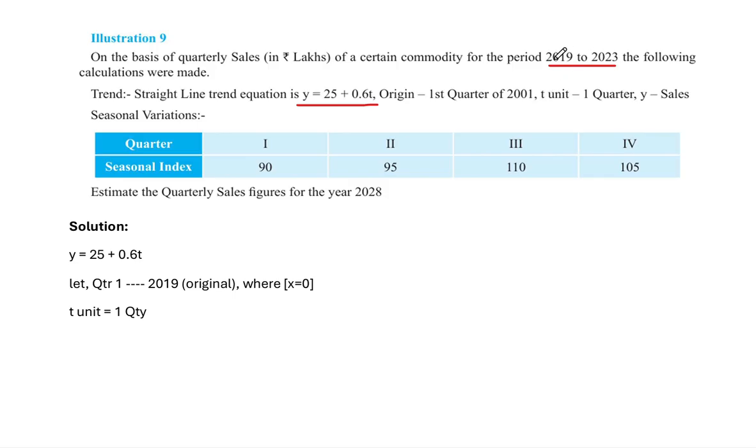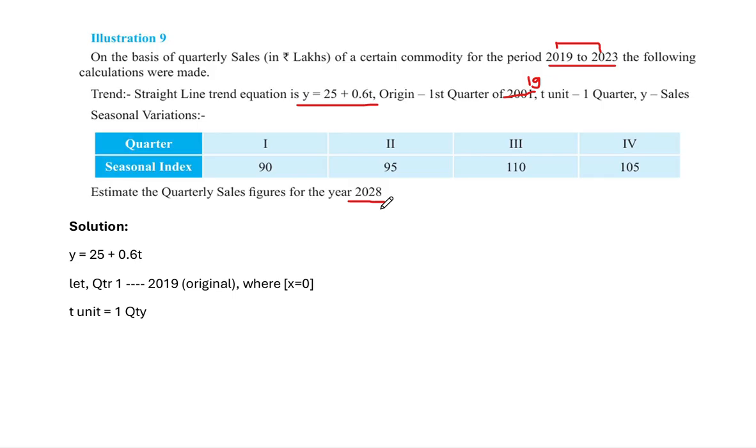But in this question, we need to consider 2019. Here you can correct it as 2019. Now we need to calculate the quarterly sales figure for year 2028. So here we have been given data from 2019 to 23 and we need to calculate for year 2028.